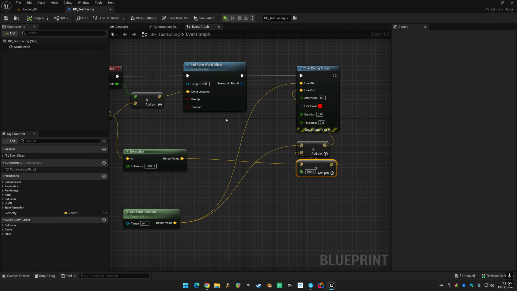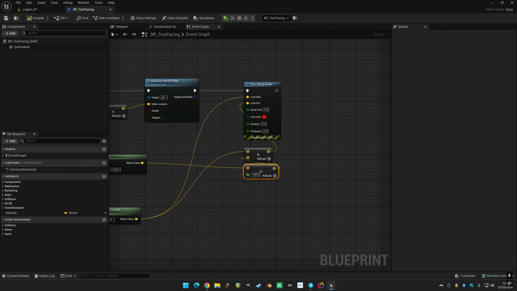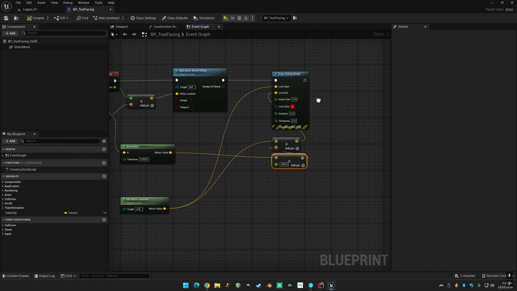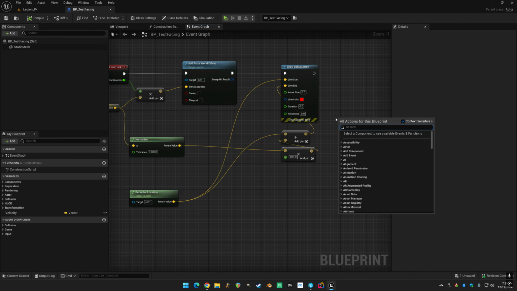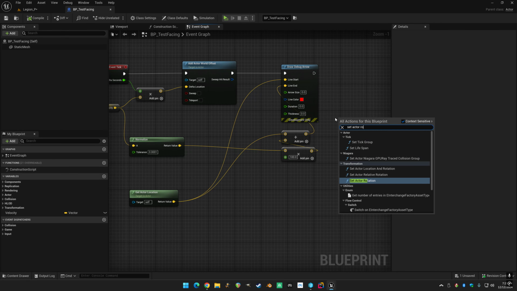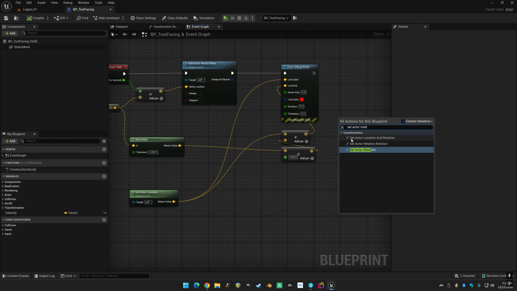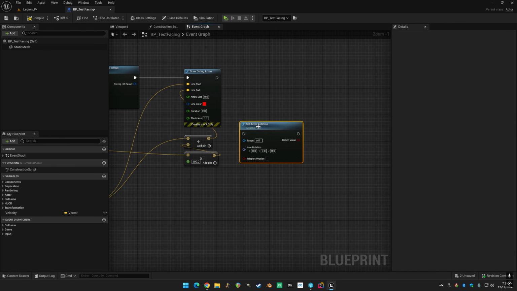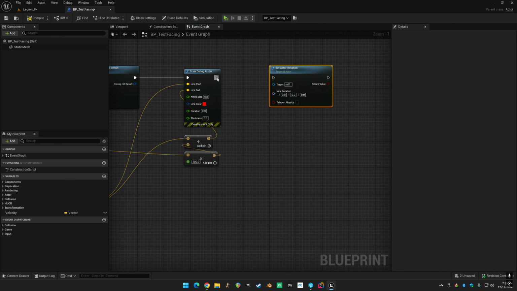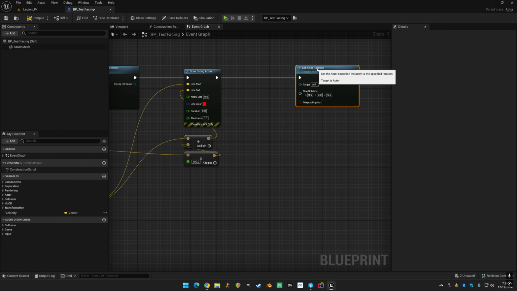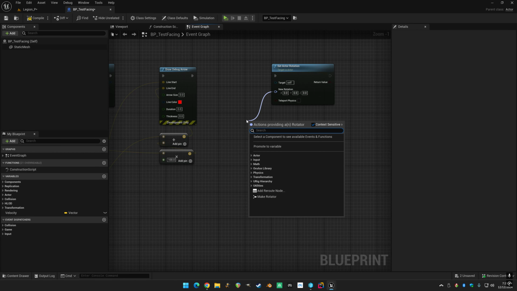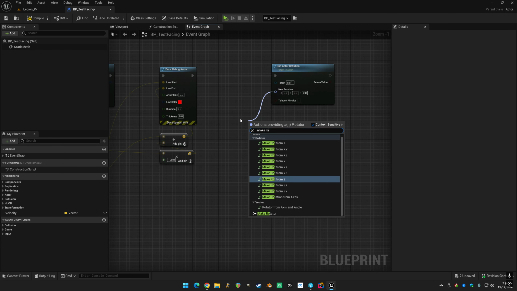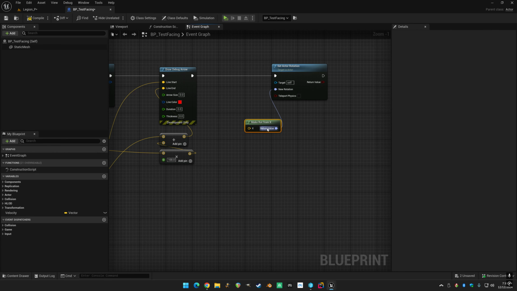Okay. So why don't we go ahead and try to use some functions to set the actor rotation, right? So we can set actor rotation with this node on tick, and you can see it needs a rotator. We can make a rotator from x, if you see.